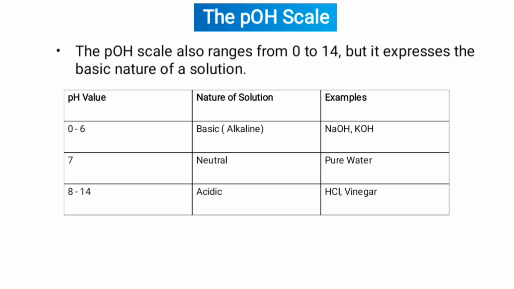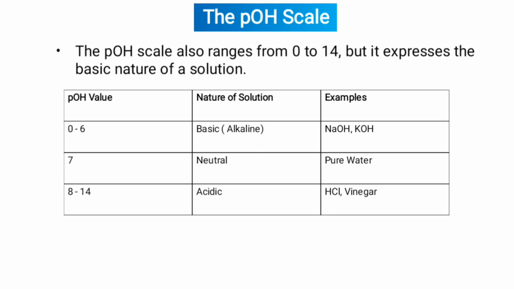Now, the pOH scale also ranges from 0 to 14, but it expresses the basic nature of a solution. pOH value and nature of solution, with examples: when the pOH value is from 0 to 6, the nature of the solution is basic, meaning alkaline. Examples: NaOH, KOH.